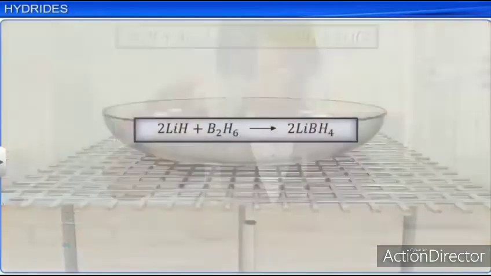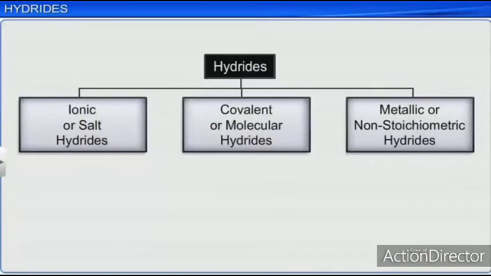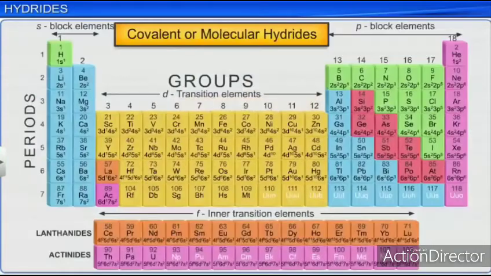Lithium hydride also reacts with boron hydride to give lithium boron hydride. The second type of hydrides are covalent or molecular hydrides. Covalent or molecular hydrides are binary compounds of hydrogen with more electronegative elements, such as p-block elements.